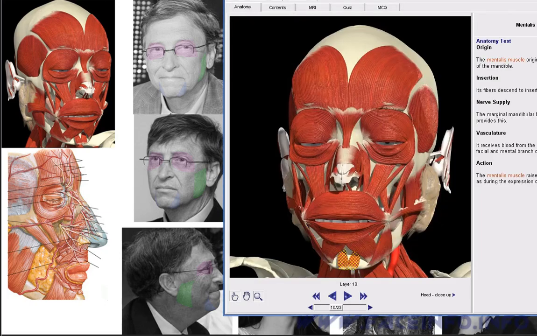The next one, mentalis, is located here. It originates from the incisive fossa of the mandible, goes downwards and weaves into the skin of the chin. And it works.